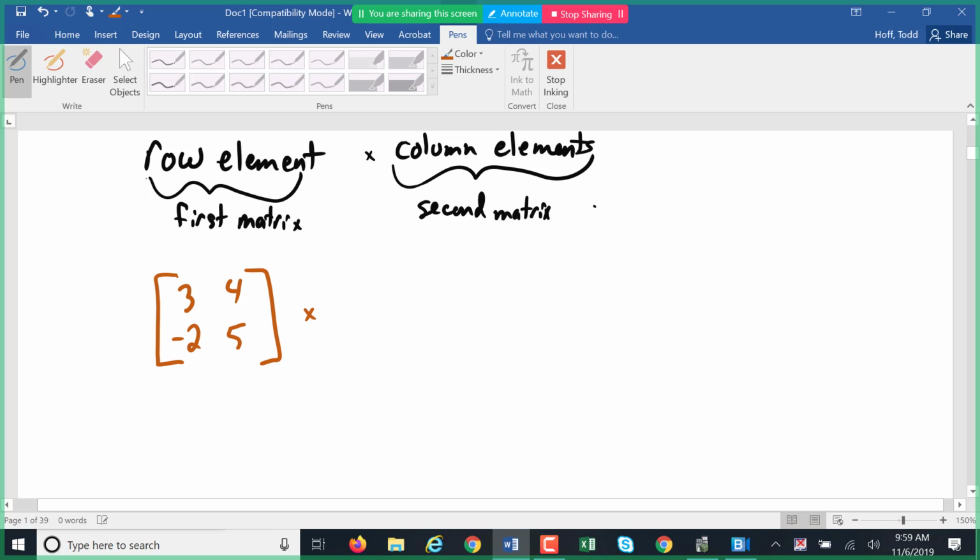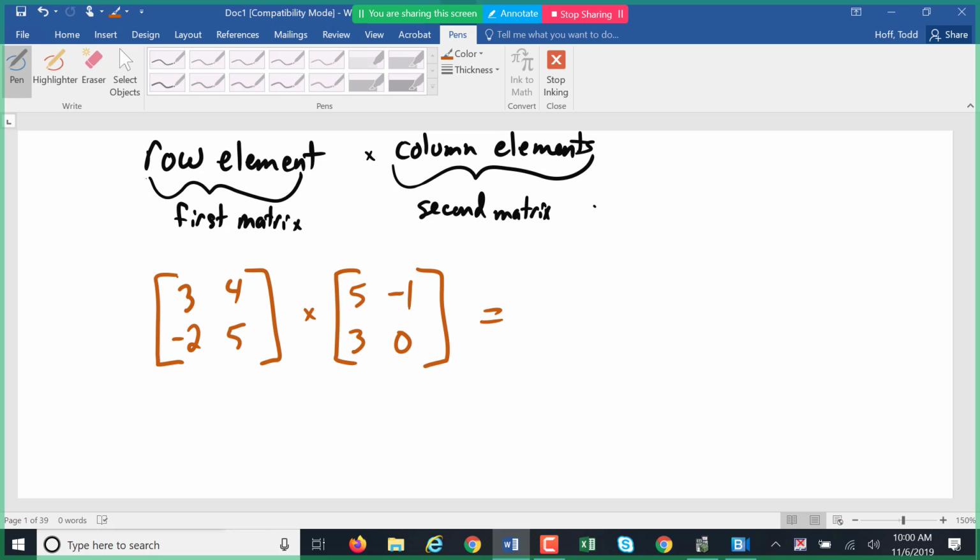let's just look at a very simple matrix multiplication here. Like this. Now these are both what we call square matrices. They're 2 by 2. The number of rows equals the number of columns. If we have square matrices, they have to be the same size in order to multiply.